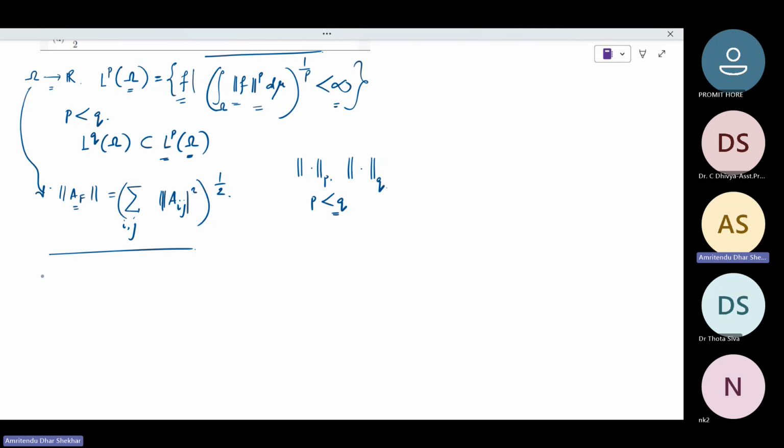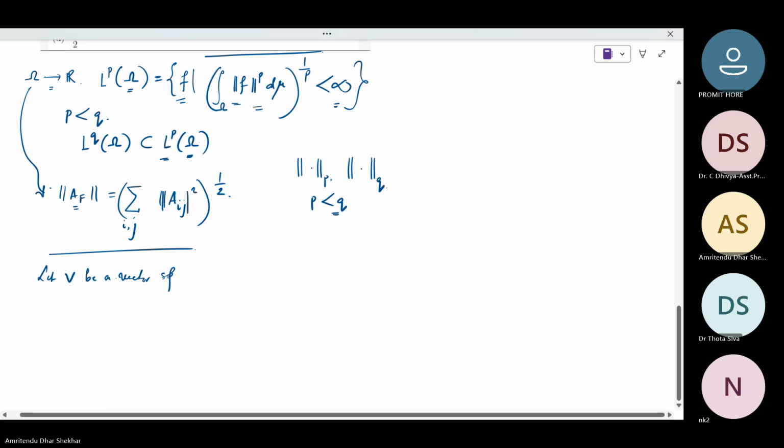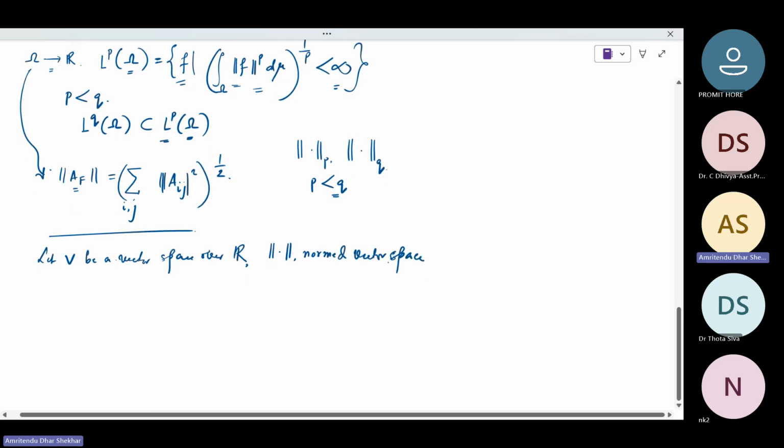So let V be a vector space over R, the real valued vector space, and which has a norm. A normed vector space.